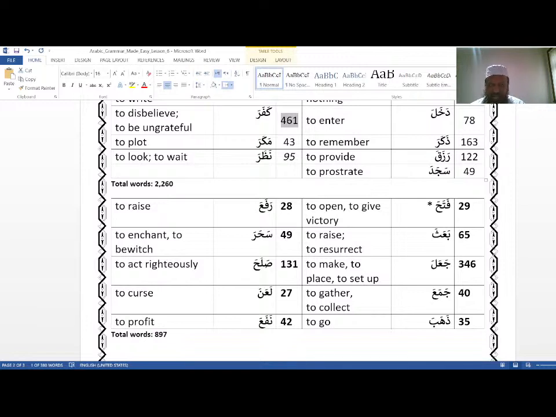Fataha, Fatahu, Fatahat, Fatahata, Fatahna, Fatahta, Fatahtuma, Fatahtum, Fatahti, Fatahtuma, Fatahtunna, Fatahtu, Fatahna.